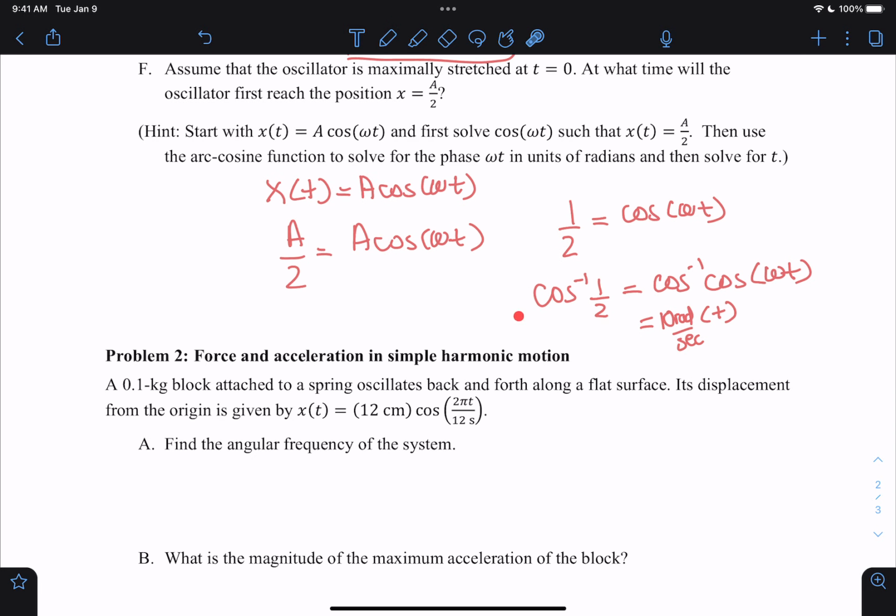If we take the inverse cosine of 1/2 and divide it by 10 radians per second, we should get a time of 0.105 seconds. Make sure that when you're taking the inverse cosine of 1/2, your calculator is in radians. Otherwise, if it's in degrees, you'll get a wrong answer. So take the inverse cosine of 1/2 while your calculator is in radians, then divide by 10 radians per second, and that should give you a time of 0.105 seconds.